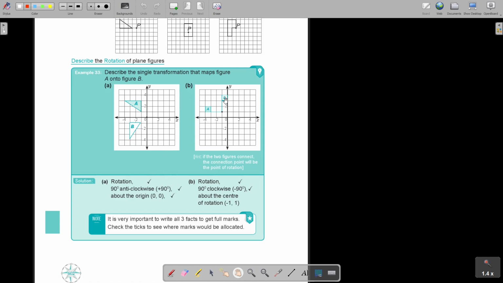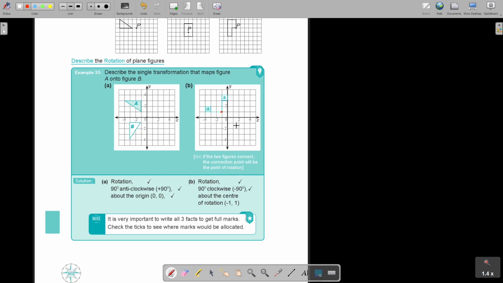Now, can I just tell you this one, B? If the two figures connect, do you see, I'm going to make a red dot there. Do you see they connect there? Usually if figures connect, that point where they connect is the center of rotation. It's very important to write the facts. If two figures connect, the connection point will be the point of rotation.